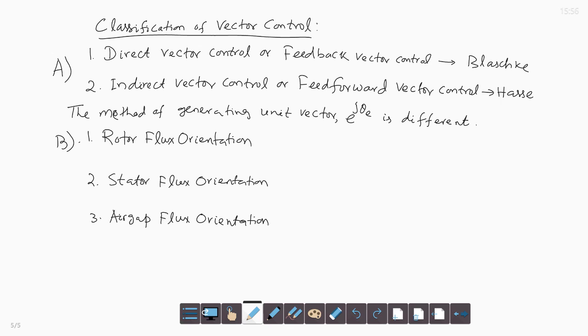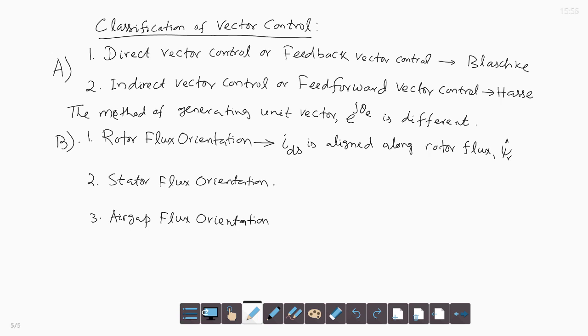Vector control means aligning the flux component of the current IDS along a flux. In rotor flux orientation, the flux component of the current IDS is aligned along the rotor flux psi r hat.